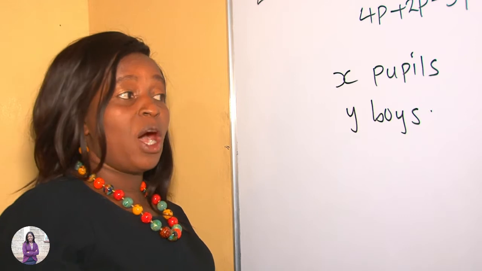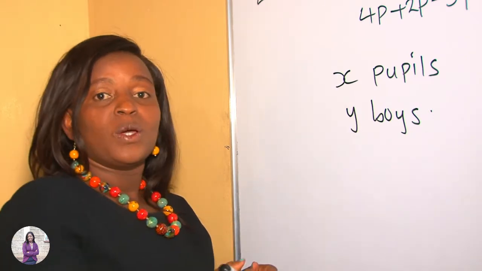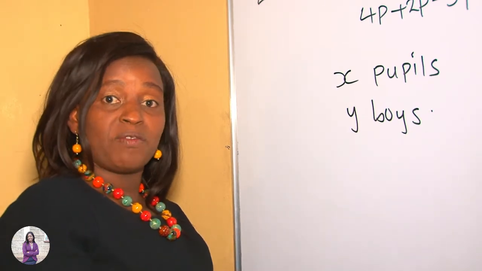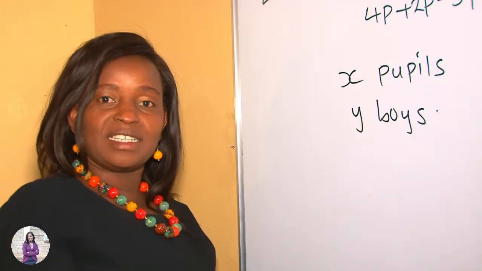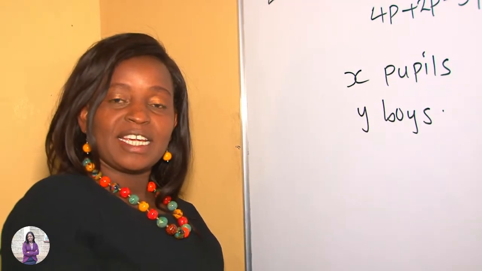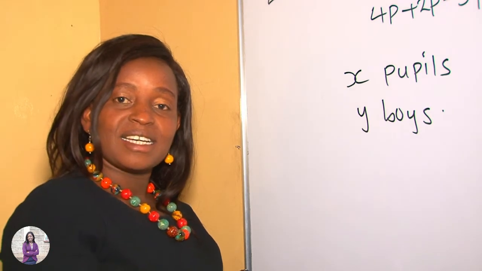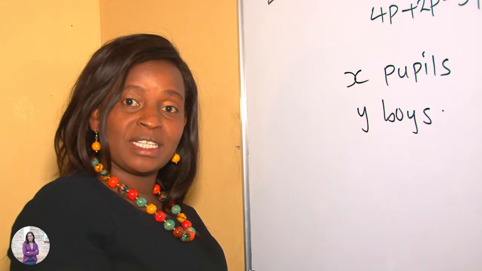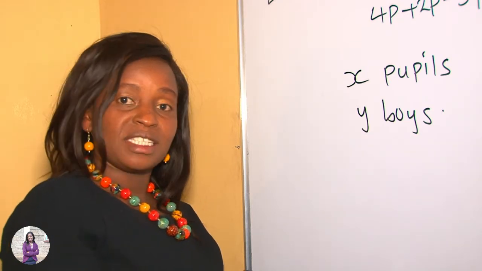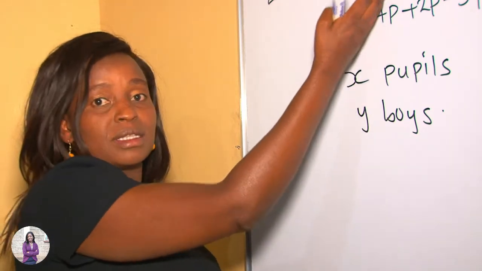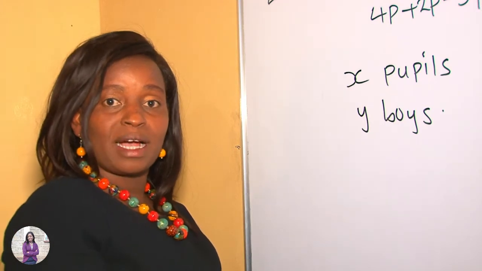So in algebra, when we are dealing with these letters, we can come up with the number of girls. Let's say in a class there are 30 pupils and 18 of them are boys. How many girls are there? Such a question using numbers is easy to work out.